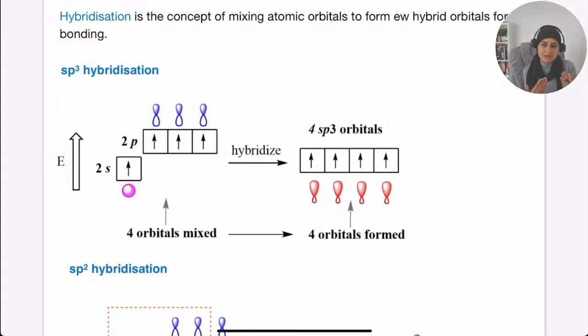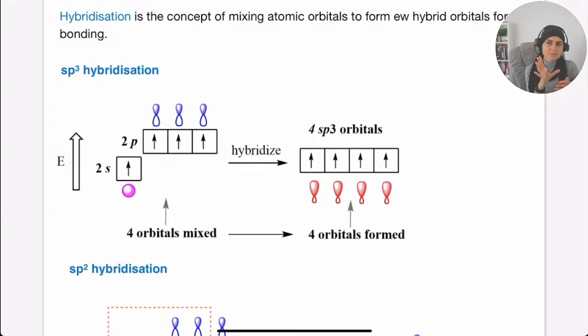Now, during hybridization, s and p orbitals align themselves in energy. You see what happened here: the s orbital moved a little bit up, so now it's a bit higher than it was before, and the p orbitals moved a little bit down, so now they have some intermediate energy.